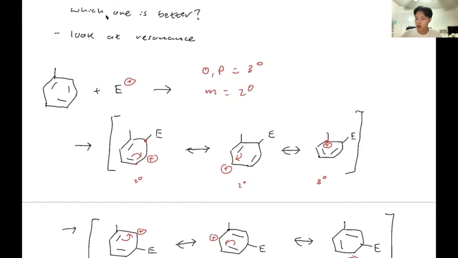The major product will either be ortho or para because we have a tertiary carbocation intermediate, which makes it more stable than if it were to be added meta. And you will see this where ortho and para have around an 80% yield over meta. And that's how important this resonance is.